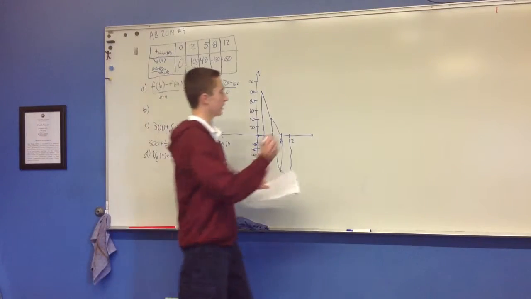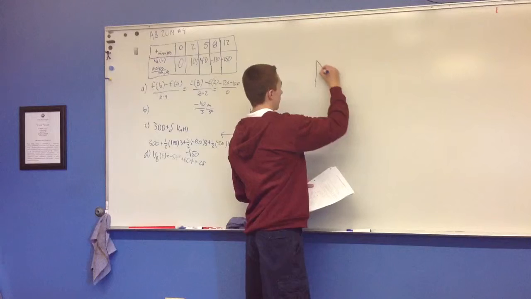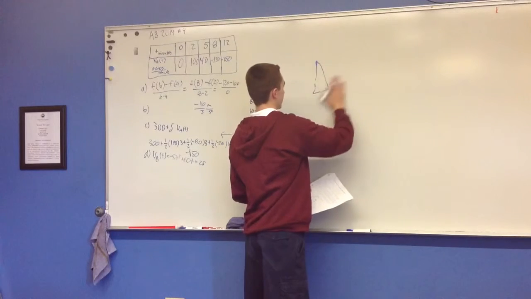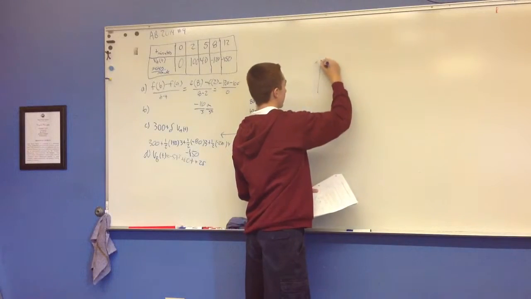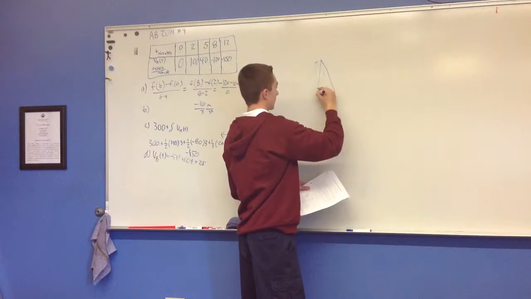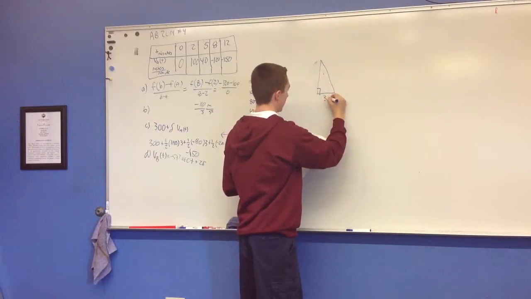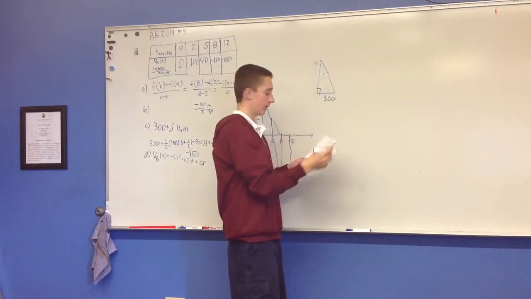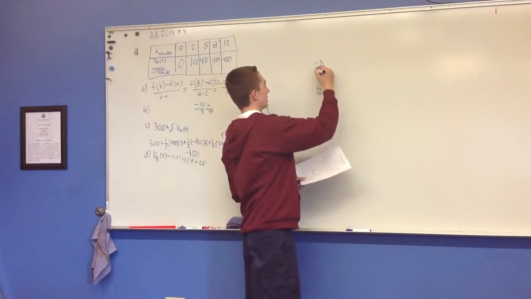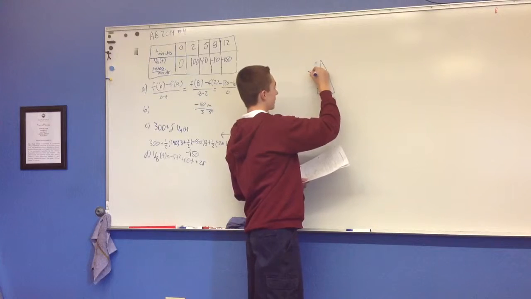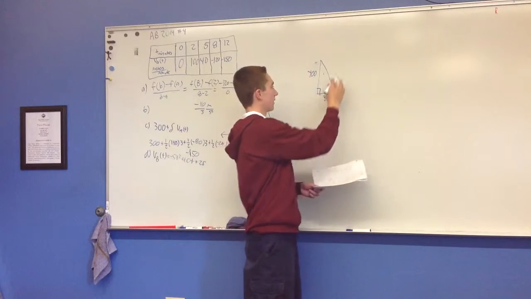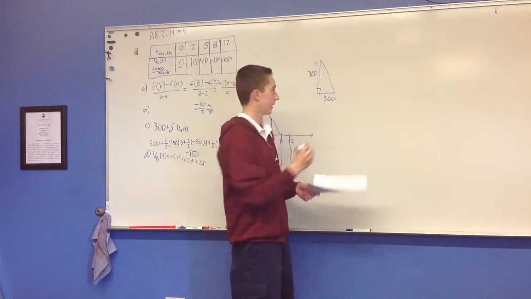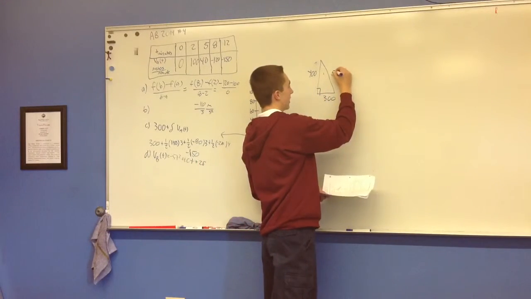So we can go over here, and we're given this right triangle, sorry, bad drawing. Train A is 300 meters that way, and train B is 400 meters north. We can find this value using a Pythagorean triple, and it's 500.